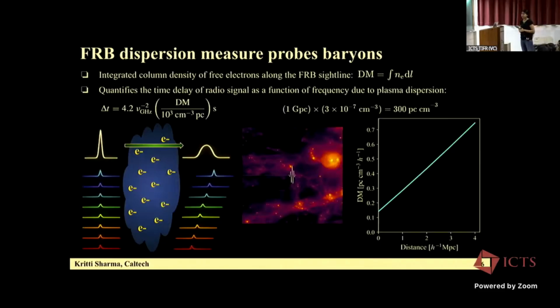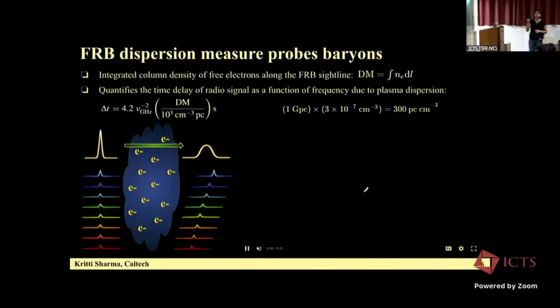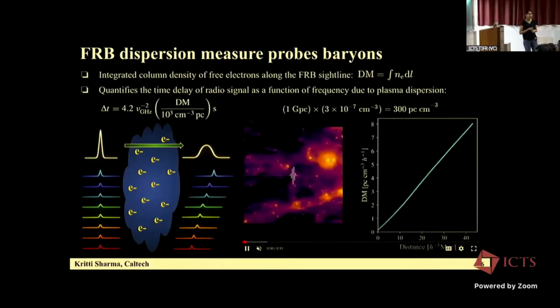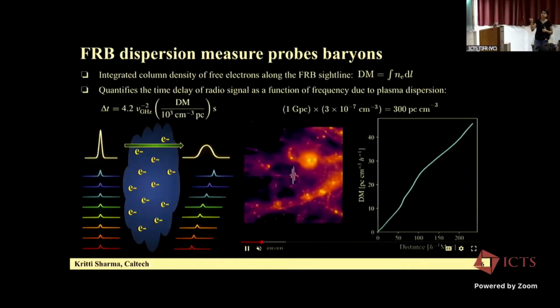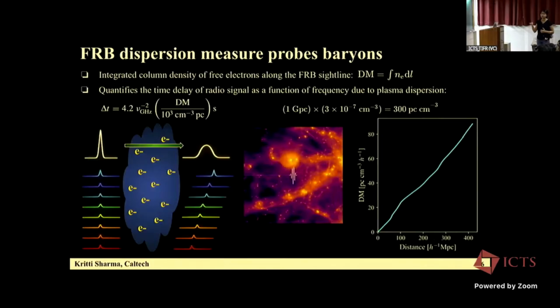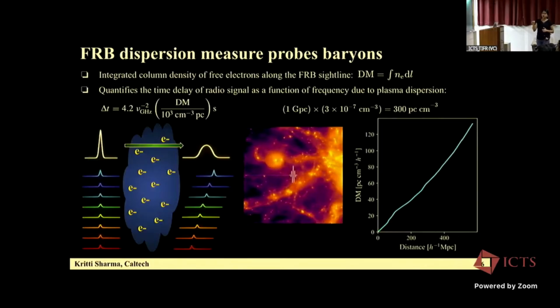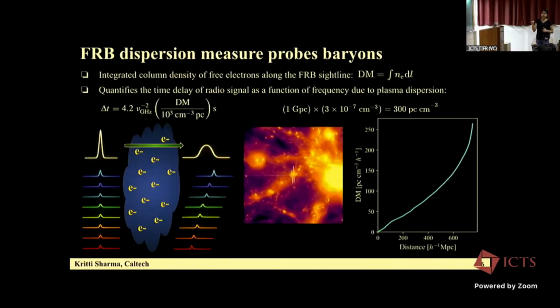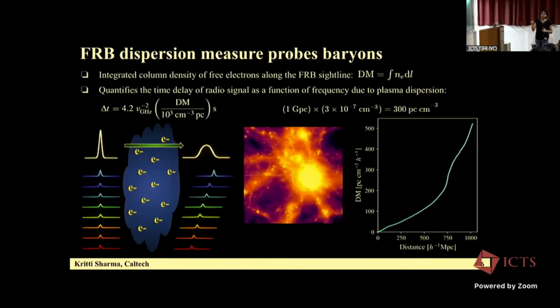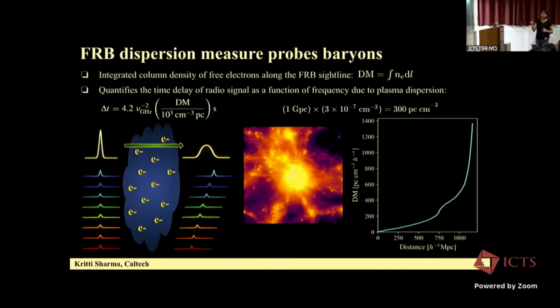I think we've heard a lot about this already, but we know that FRB dispersion measures probe baryons, where DMs are nothing but a line of sight integral of electron density. So you can think of an example FRB burst propagating through, let's say, the IllustrisTNG universe. As the burst propagates through the universe, your DM increases with distance.